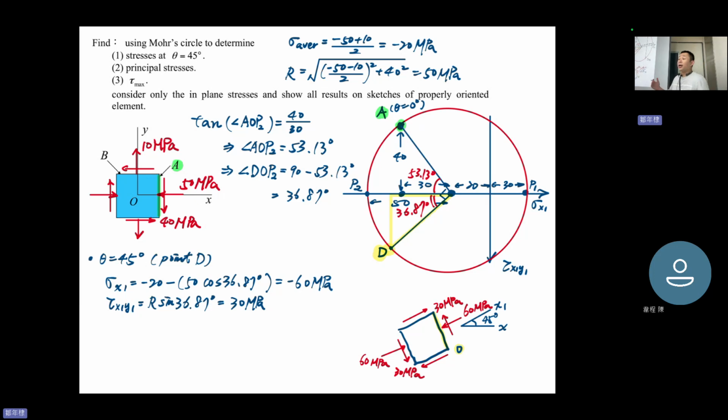And where is the y1 axis? We haven't known yet, right? So we can say this is the point. We say E. This is point plane E related to D point, which is 90 degrees in the real world.